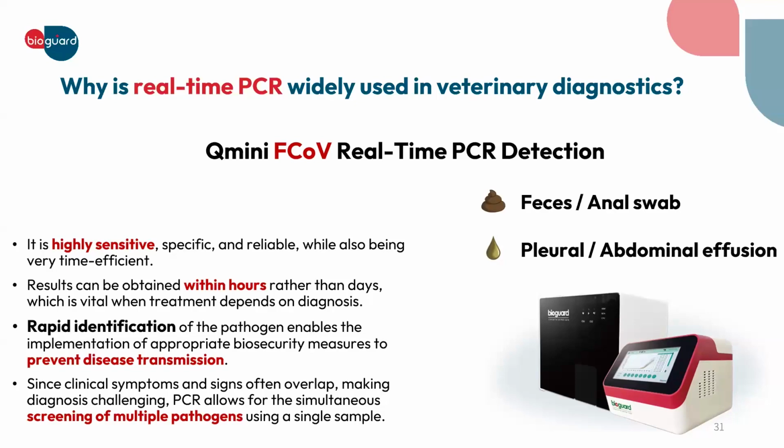So rather than collecting samples again and again for screening different pathogens, you can collect one sample and test multiple pathogens using Qmini or the kits that have been developed for the system, which will also help to resolve the confusion caused by common symptoms that could have happened inside the cat.